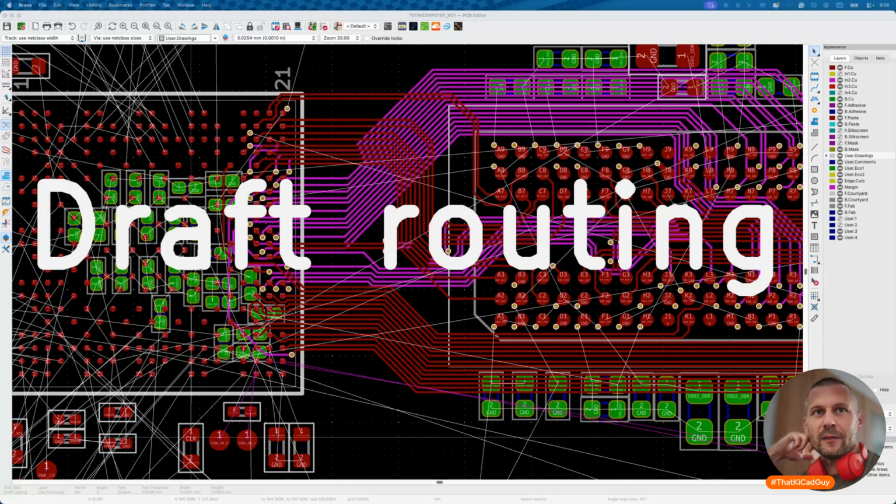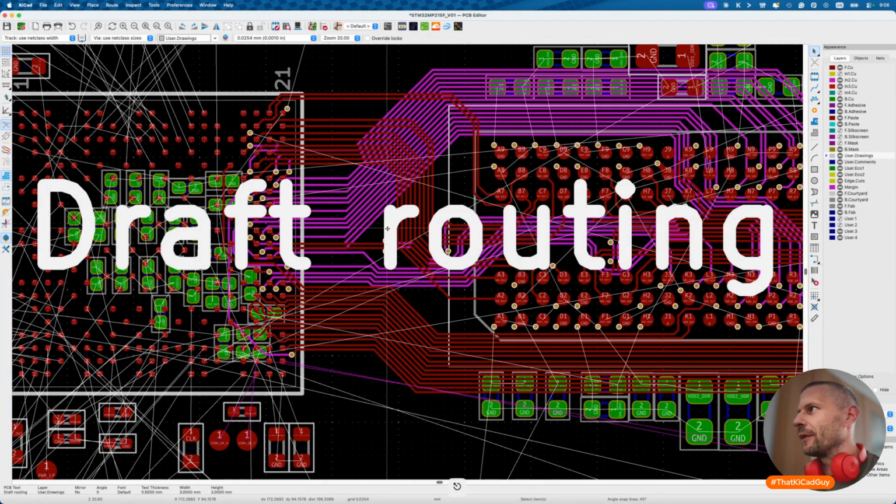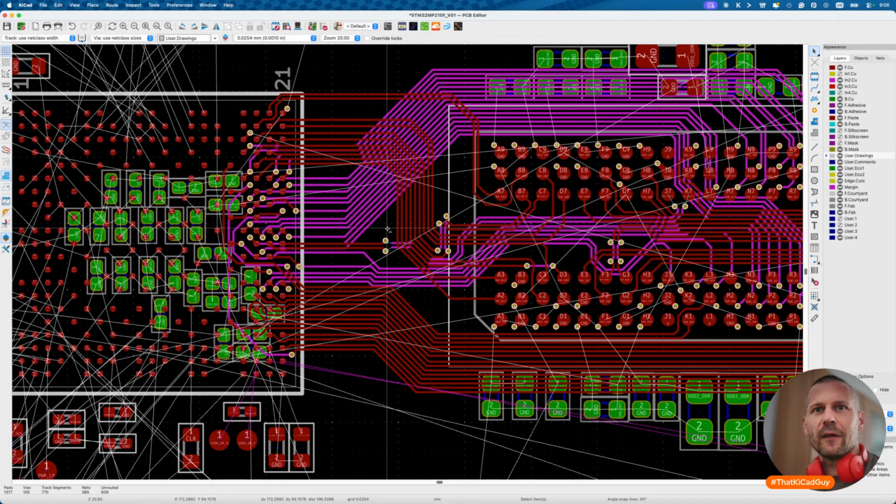Yeah, draft routing is the temporary description in the user drawings layer. I can delete it because today we want to focus on improving the draft routing into, let's say, a beginning of the official, correct, actual routing.